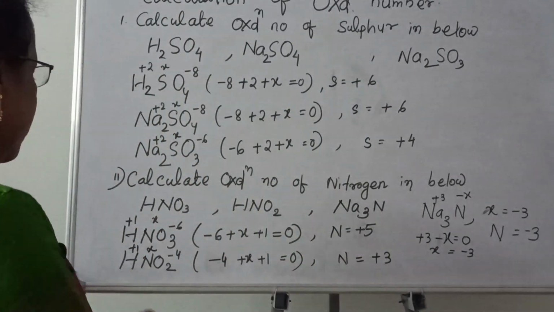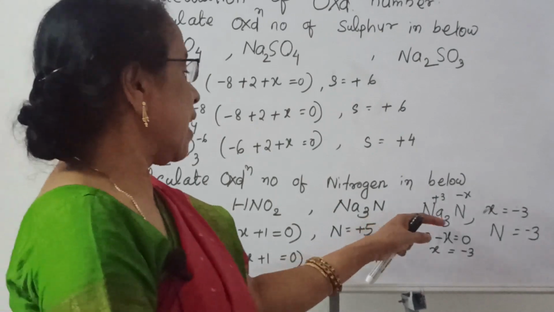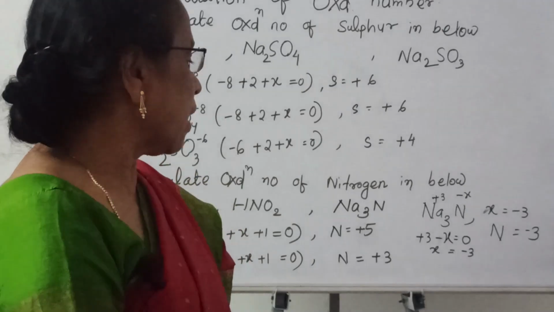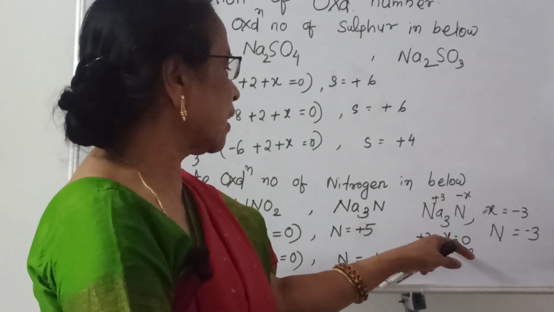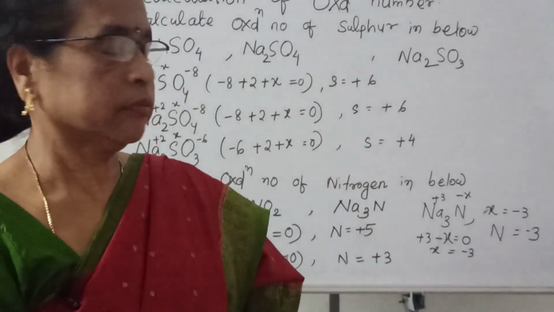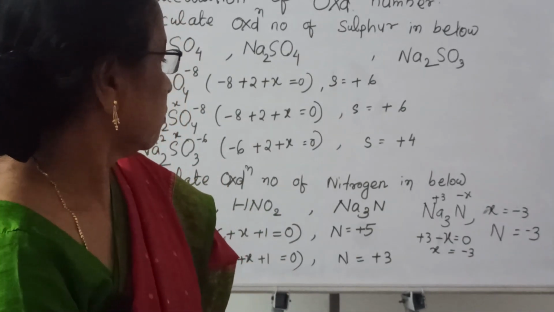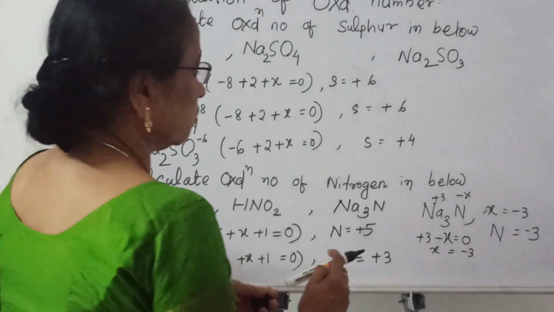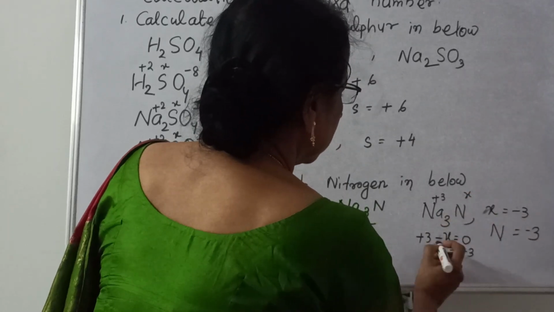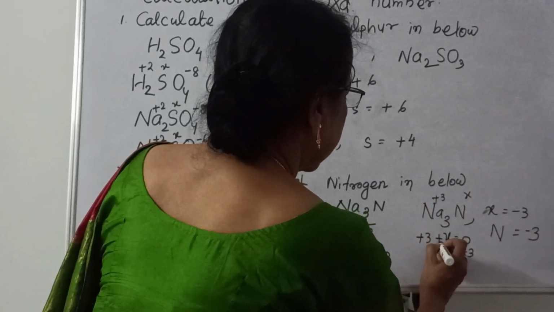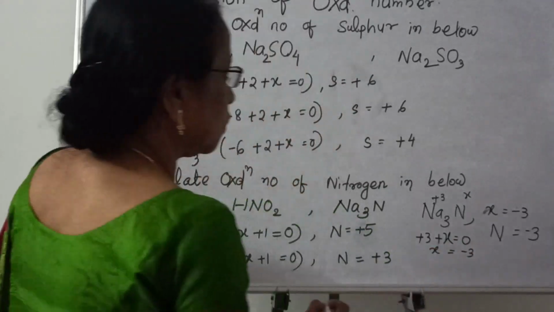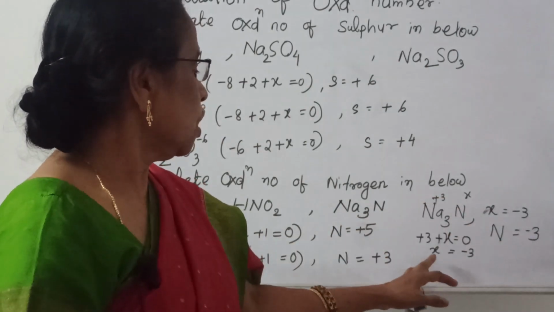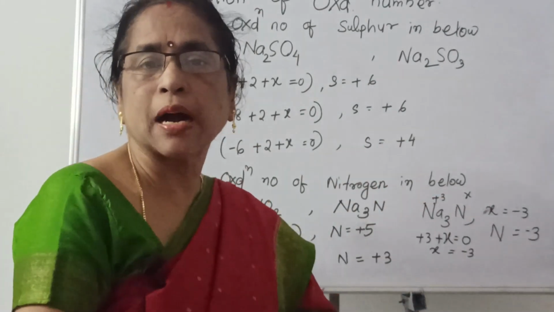HNO3 it is plus 5, HNO2 it is plus 3, and Na3N, sodium nitride, there N equal to minus 3, because plus 3 plus x equal to 0. So x equal to minus 3. Nitride, that is minus 3.